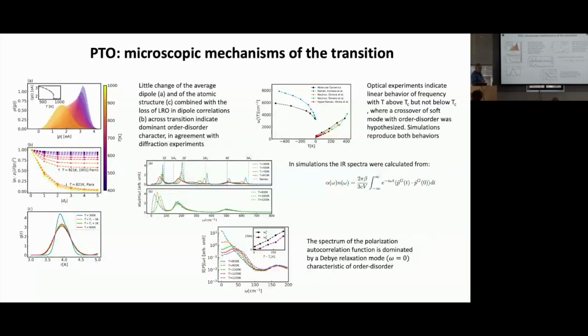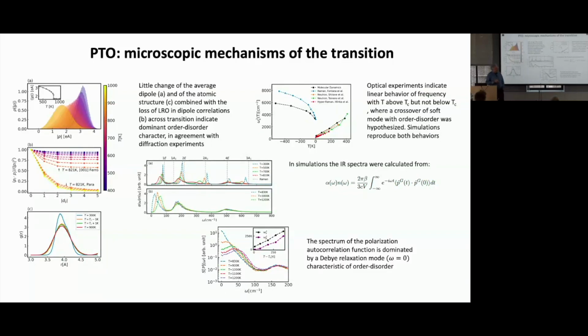Now, can we learn something from the simulation about the microscopic mechanism of the transition? I want to say that PTO was long considered, until 20 or 30 years ago, a prototypical soft mode ferroelectric system.